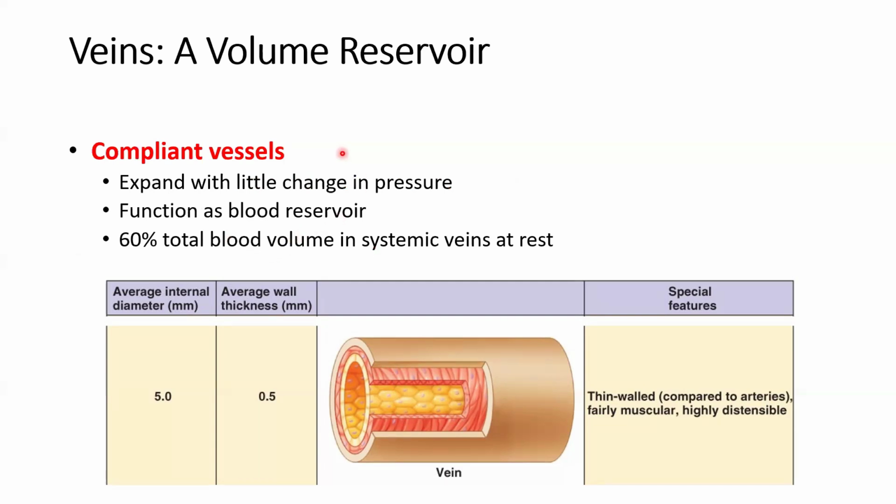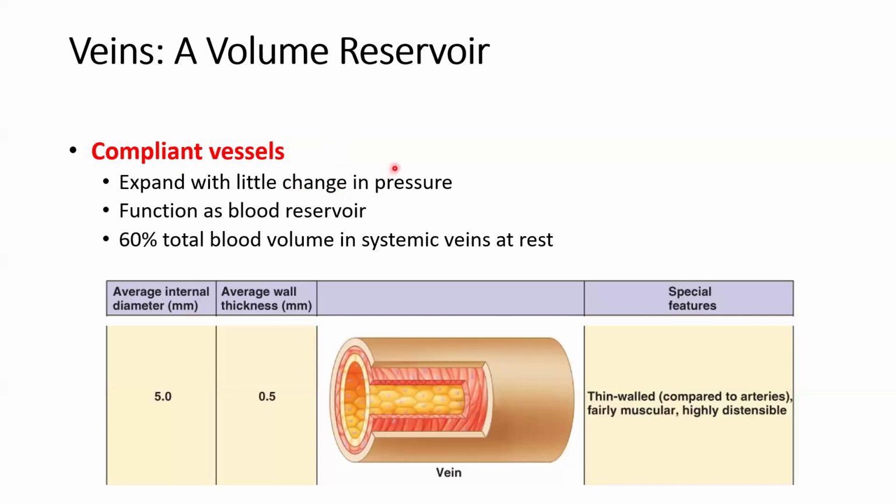Veins are the compliant vessels. And remember, we talked about this word compliance. You want to take this word at its face value. It is obedient. It's going to obey when there's more volume. So a larger change in volume is required to result in change in pressure.